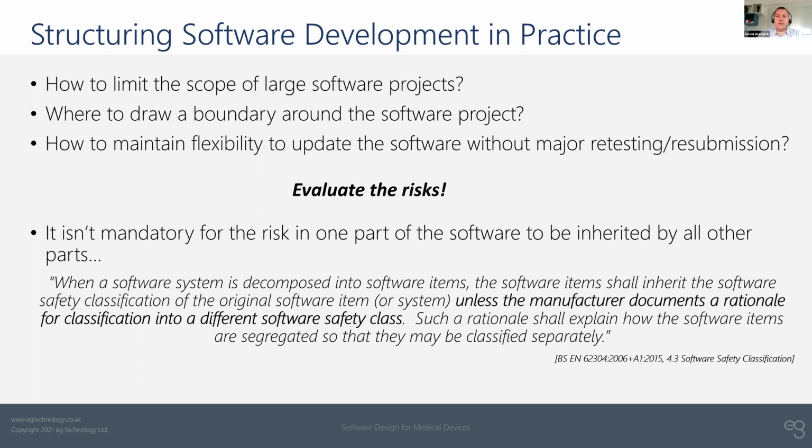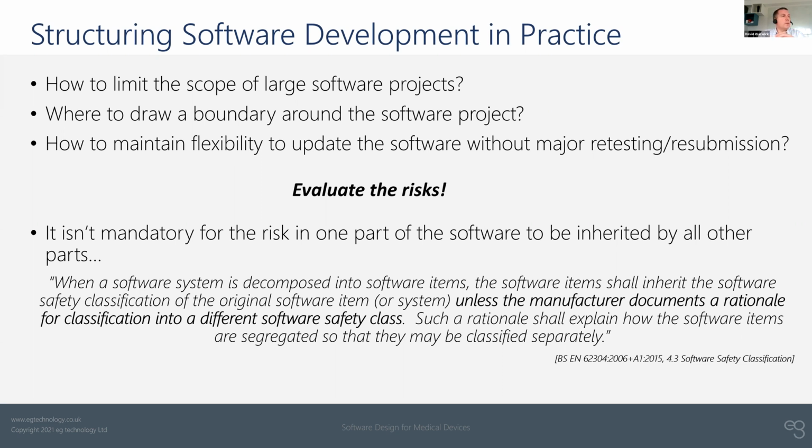So in general, the software system takes on the same risk category as the most risky subsection of the software item or items within the system. But fortunately, the standard gives you a bit of maneuver on this by creating the correct software architecture and the correct segregation early on in the project.